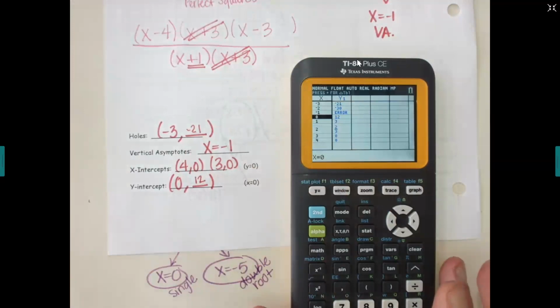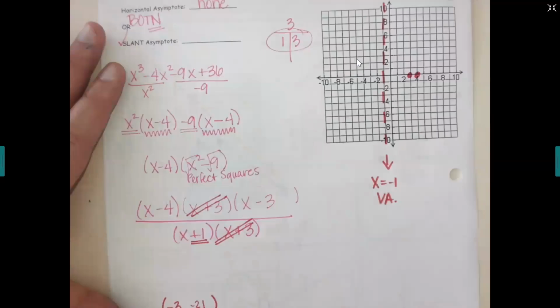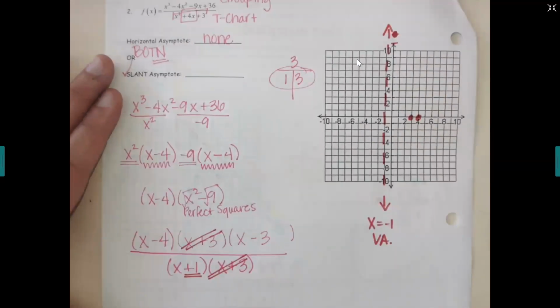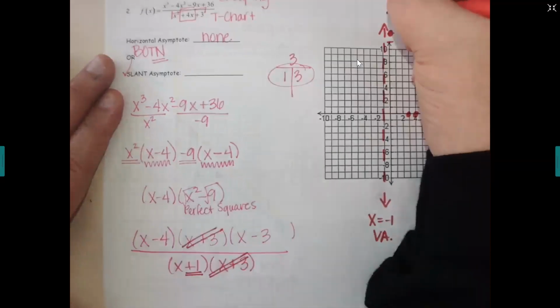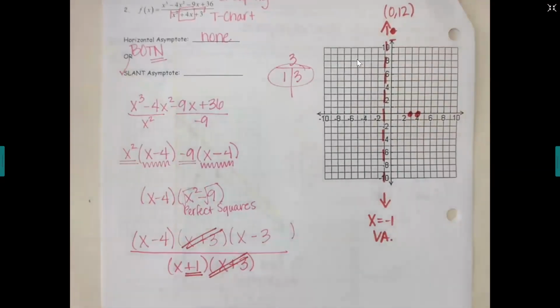Okay, so those aren't gonna fit perfectly on the graph, but that's okay. Let's still sketch about where they would be. So come back up to your picture here. (0, 12) would be about right here. And then remember that -3 is a hole.